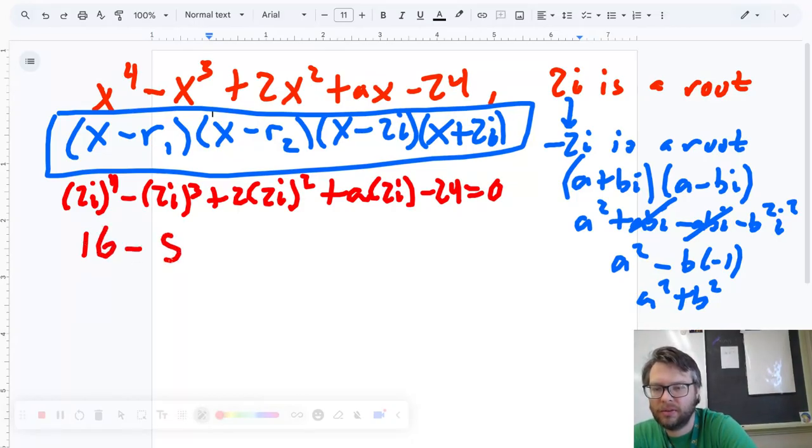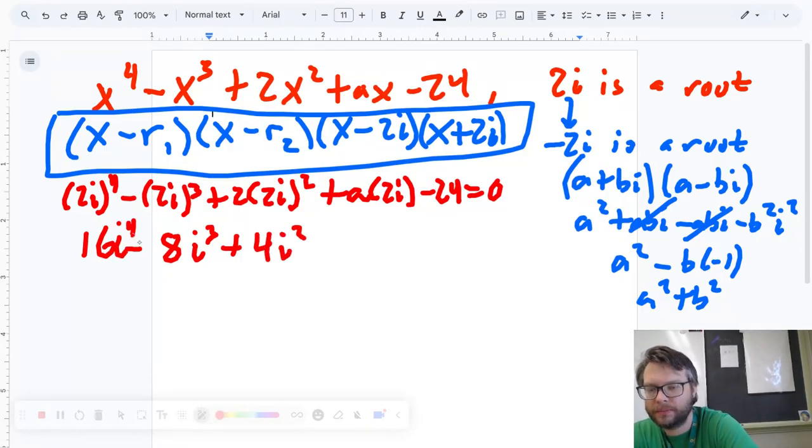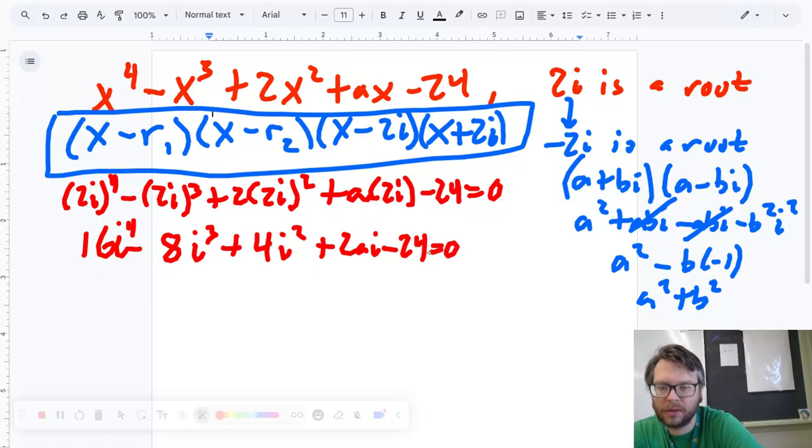Negative 2 to the 3rd is 8, so I have 8i cubed. Sorry, I missed my i to the 4th. Here I have 4 times i squared. Here I have 2ai. Here I have 24.